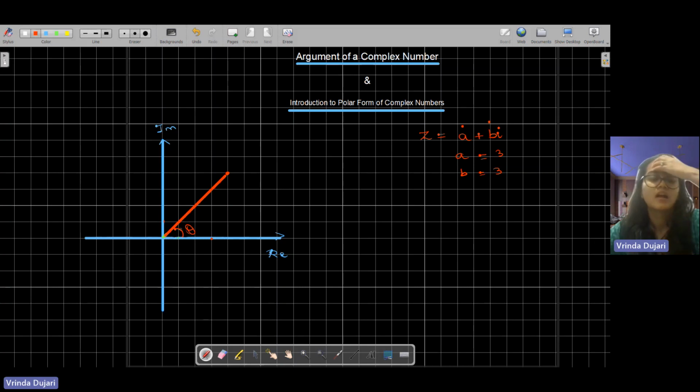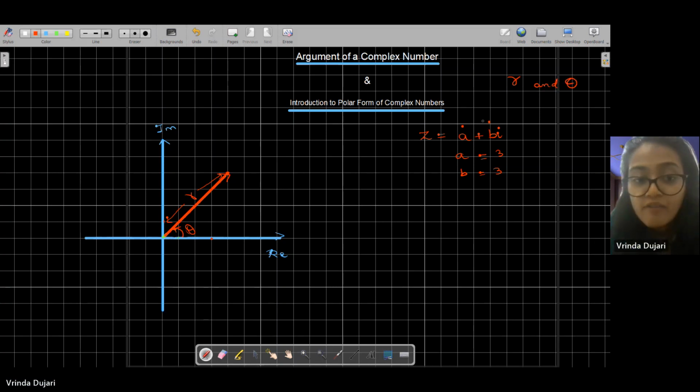So it is making the angle of theta when I move in the anti-clockwise, counterclockwise direction from the real axis. And let's say that this distance that we are interested in is given by r. Okay, this distance is given by r. So if we know the values of this r and theta, we will be able to represent the complex number on the complex plane. Okay.